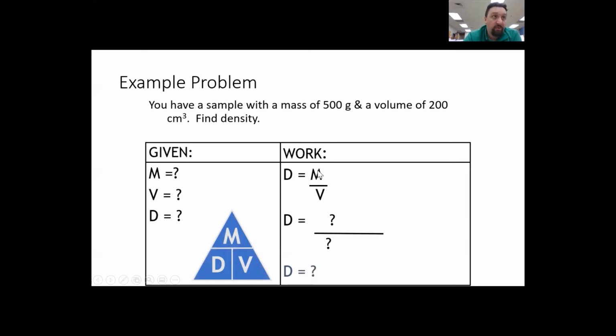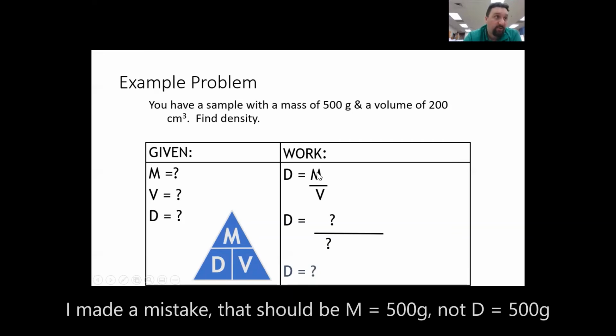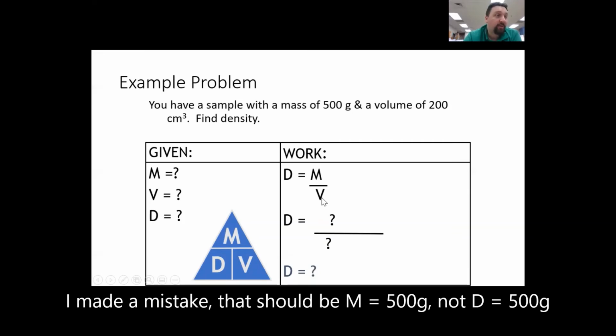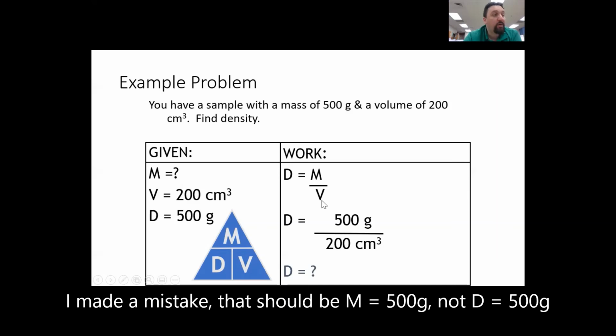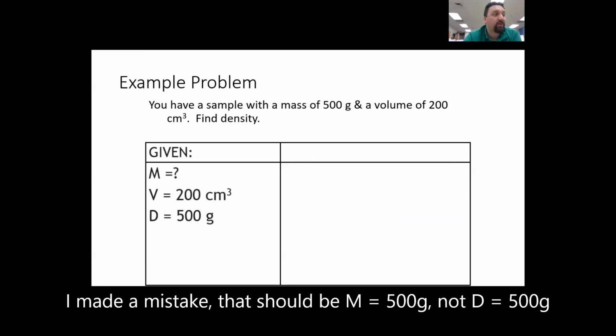All we have to do is put in the 500 grams on top and the 200 cubic centimeters on the bottom. And that gives us a density of 2.5 grams per cubic centimeter.